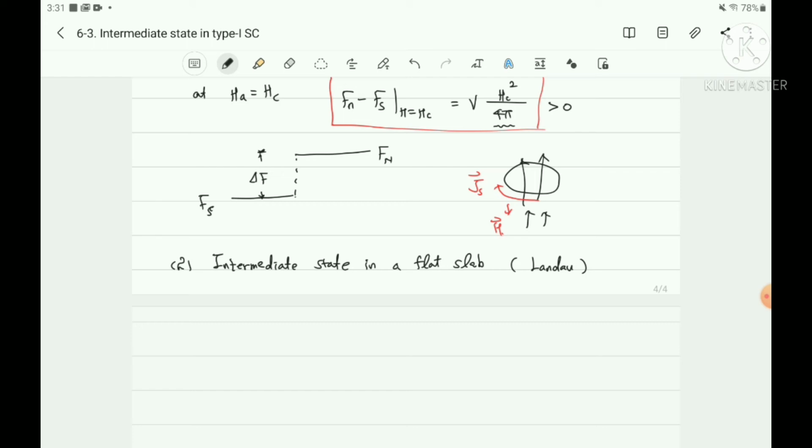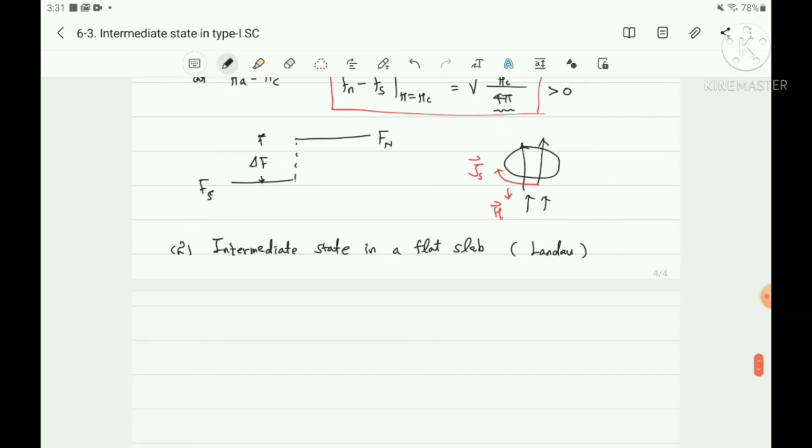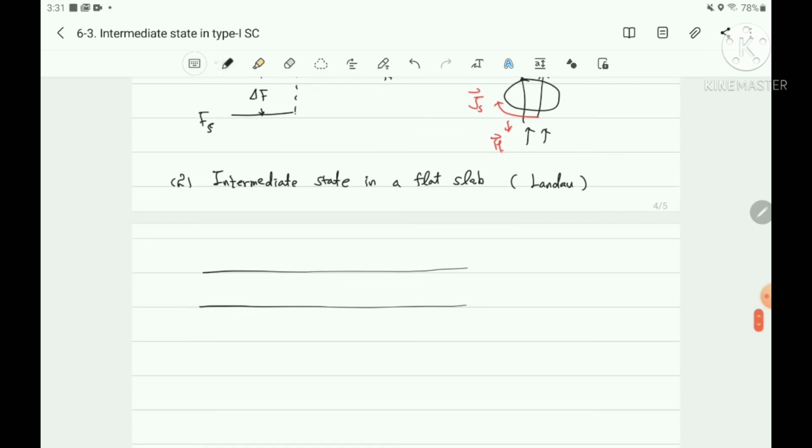Landau considered the infinite superconducting slab. Let's consider an infinite superconducting slab like this. When you apply magnetic field, we can think about that at some region there are impurities, and the normal state impurities can penetrate the magnetic field.